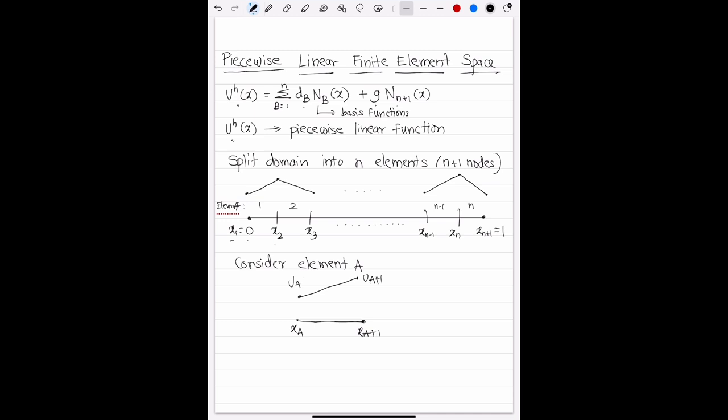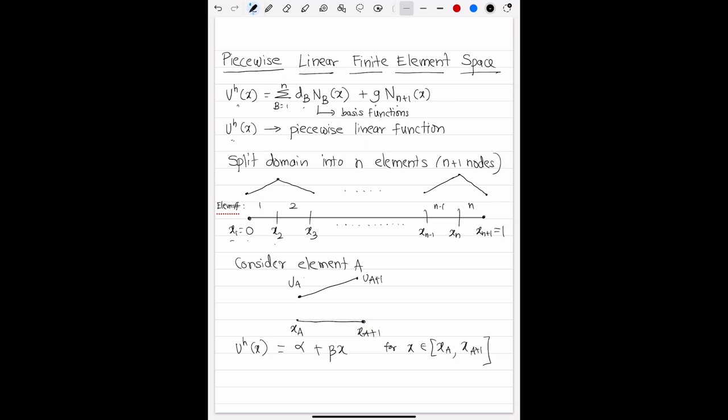Now we know that the approximate solution u_h(x) can be expressed as some constant alpha plus beta multiplied by x, since it's assumed to be linear within this element. So this relation holds true for x belonging to [x_A, x_{A+1}].